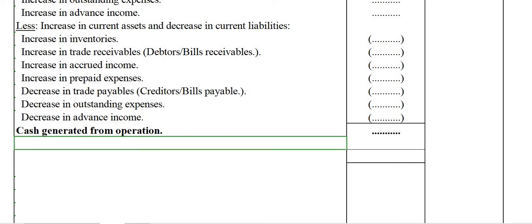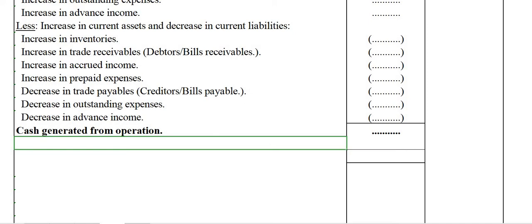Okay, then from this amount we have not yet deducted the income tax. So income tax paid, we have to find out the profit before tax and extraordinary items. So we have found out profit before extraordinary items. Now we have to find out net profit before extraordinary item and tax.